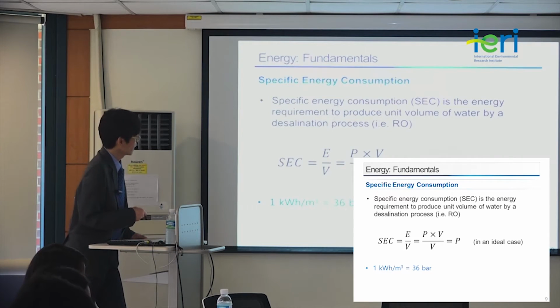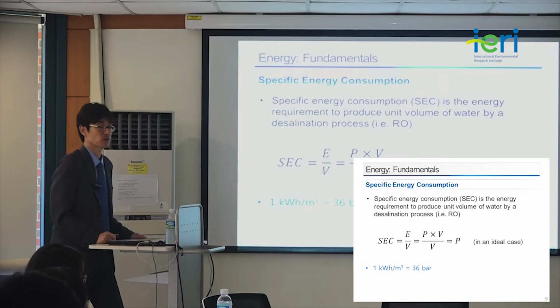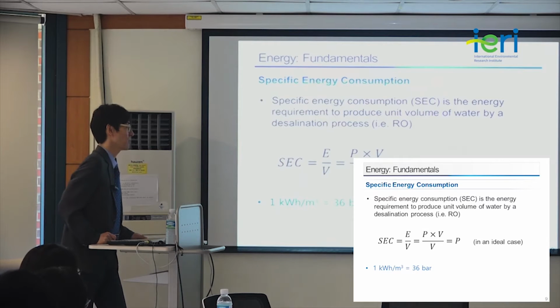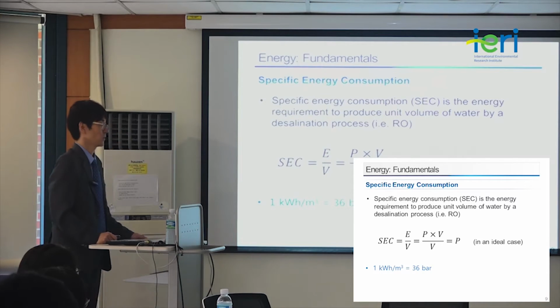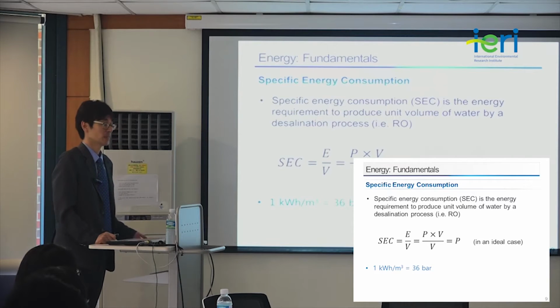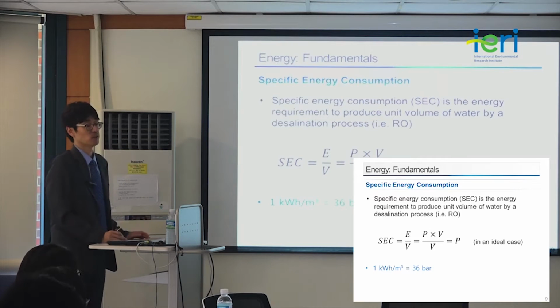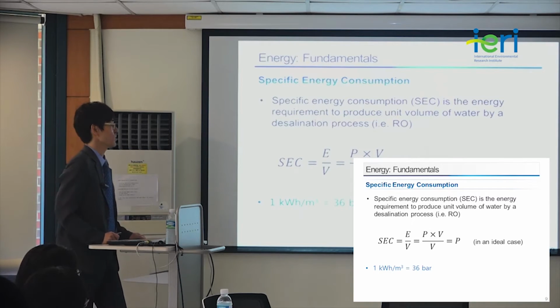So if you spend 1 kilowatt hour per cubic meter, it corresponds to a pressure of 36 bar. And if you spend more energy, it means that it corresponds to higher pressure.